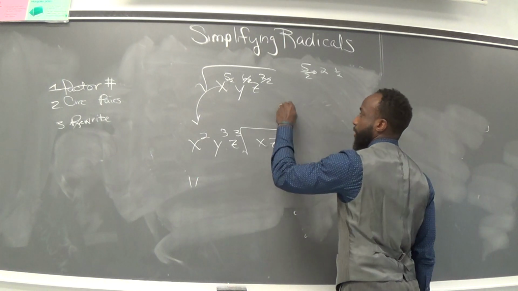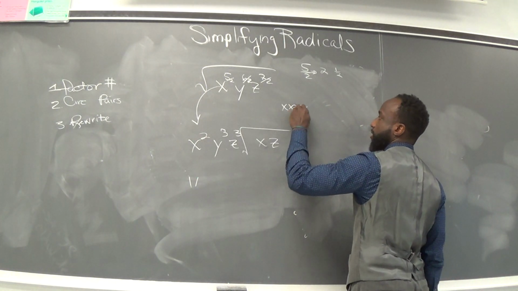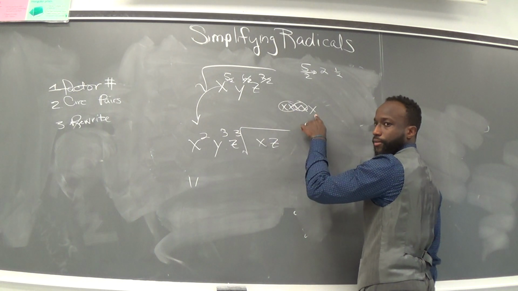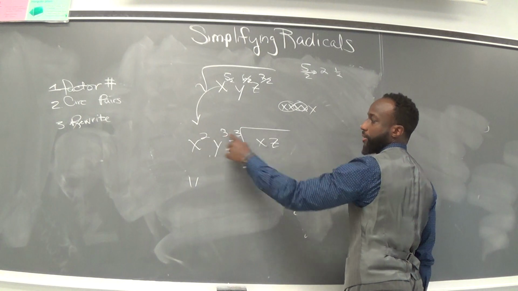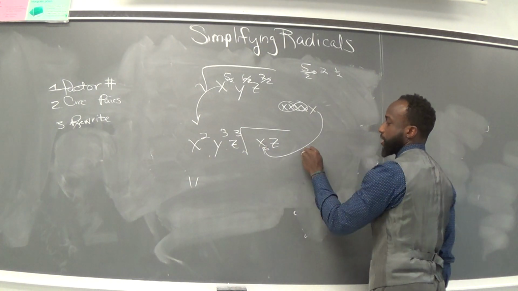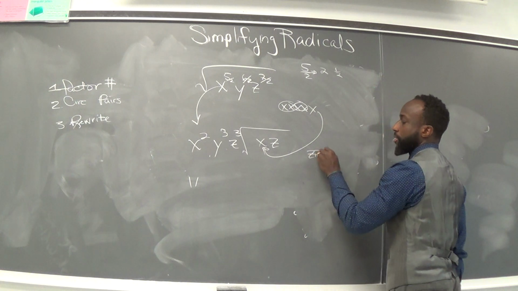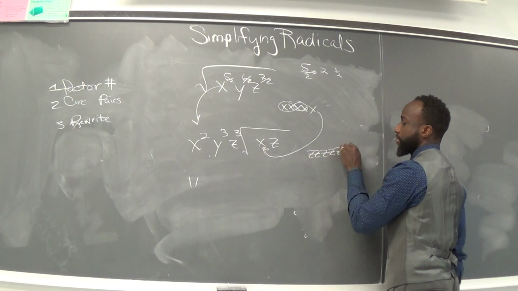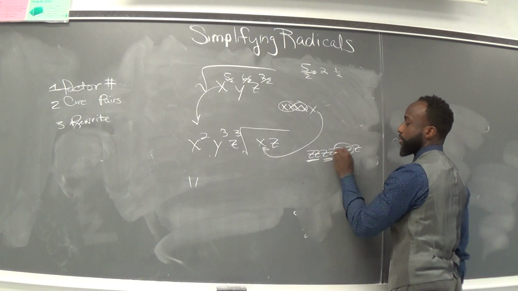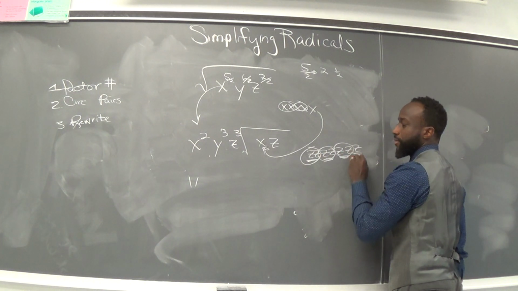Alright, let's look at it again. X, X, X, X, X. 1, 2, right? 1 left over. That's how you got the 2 here, 1 left over. The same thing with the Z's. 1, 2, 3, 4, 5, 6, 7. 1, 2, 3. 1 left over.